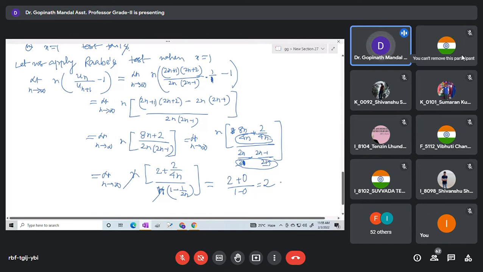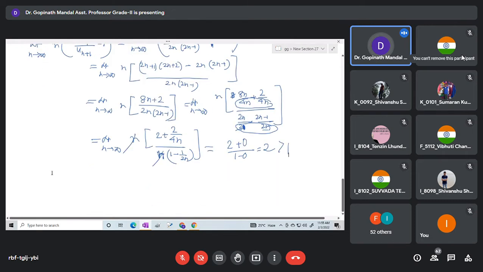Now the limit is 2, which is greater than 1, so by Rabi's test the series is convergent, not divergent.